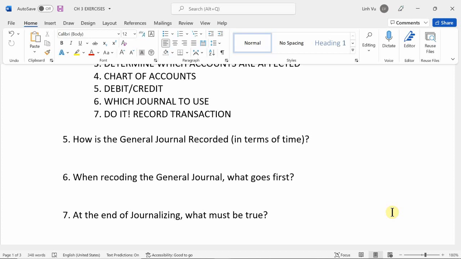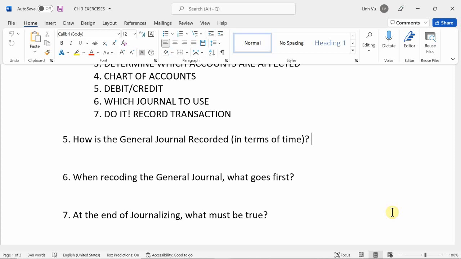I'm not talking about correcting errors right now. I'm talking about how do you journalize your transactions in terms of time. Is there a specific order that I need to put in my journals?